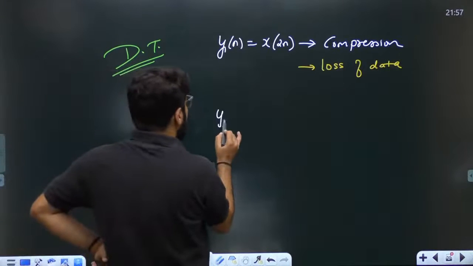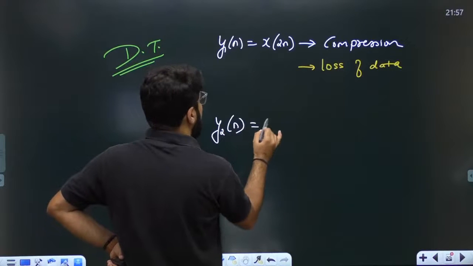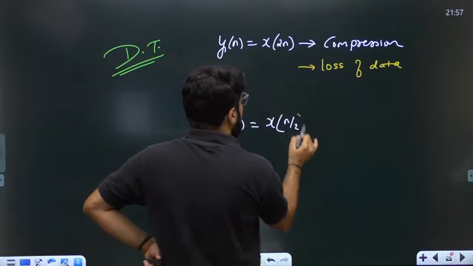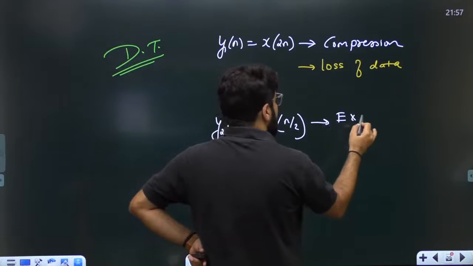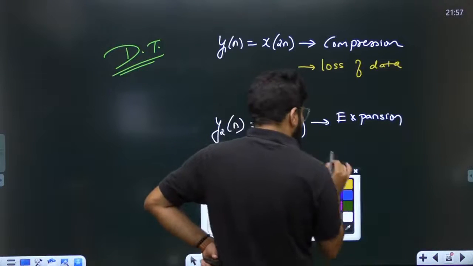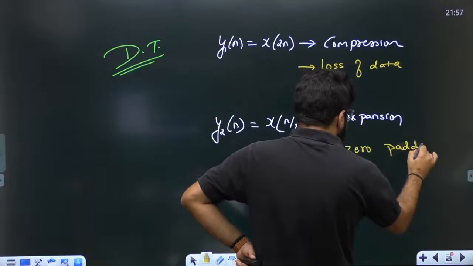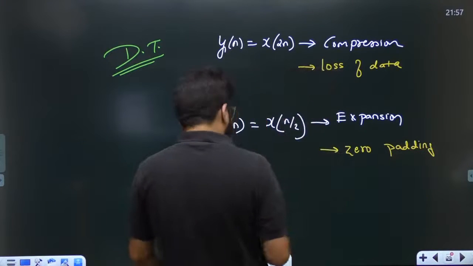But y2[n] is x of n by 2, and that is known as expansion. And what happens when you expand the signal? In the case of expansion, you see zero padding. How was this officially defined?